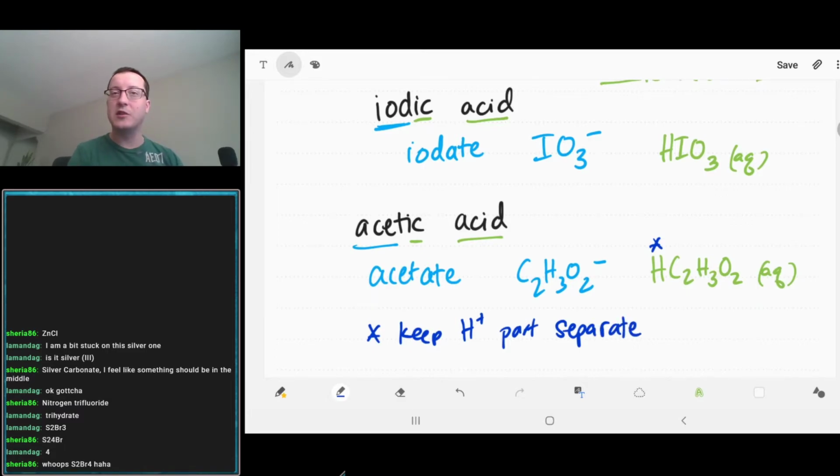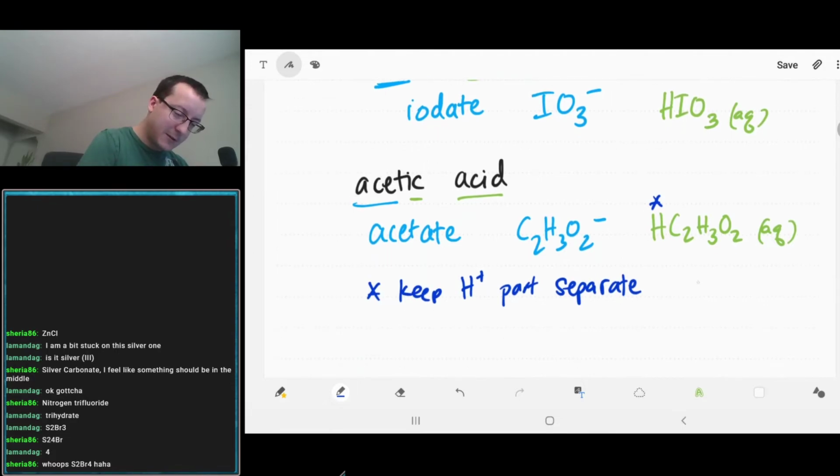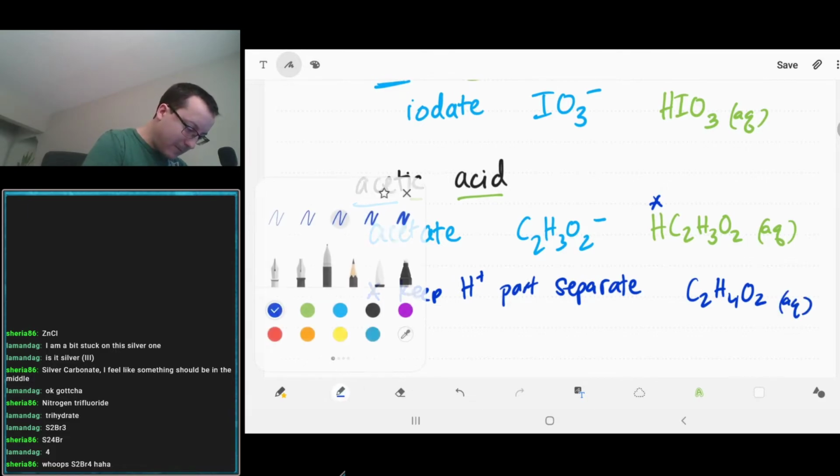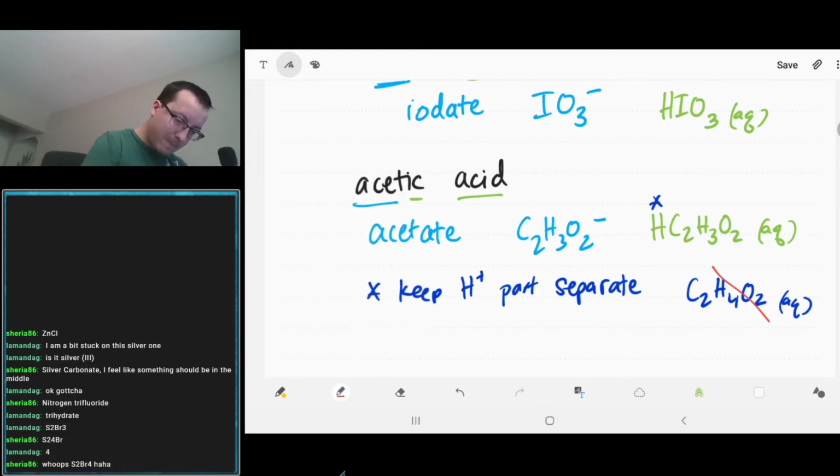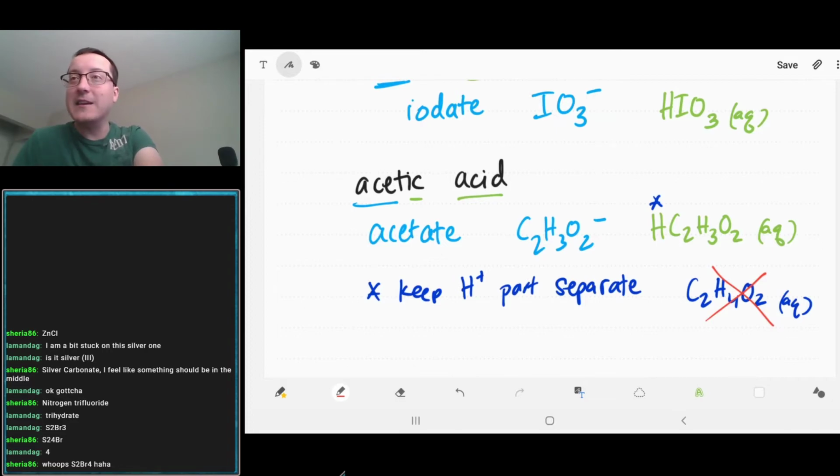So we're always going to start our acids with H. So we will not do something like this for this particular acid. We're always going to keep our H's, the H plus part, separate, just like with ammonium nitrate, we kept the nitrogen separate. It's the same idea here.